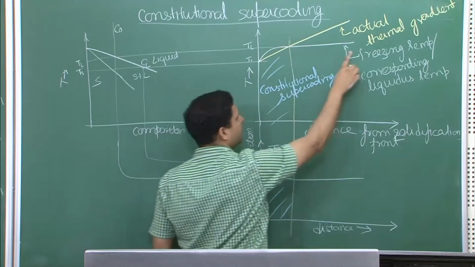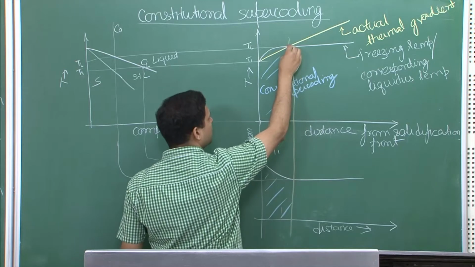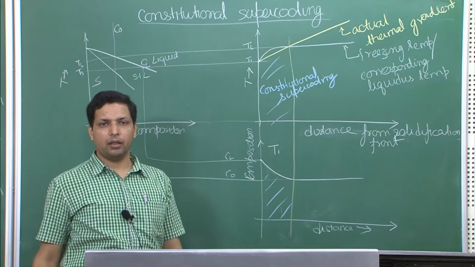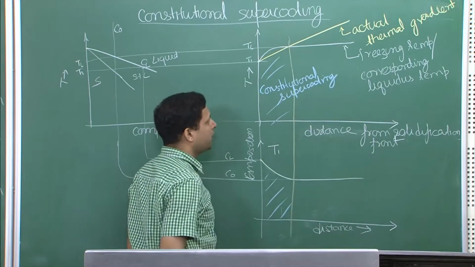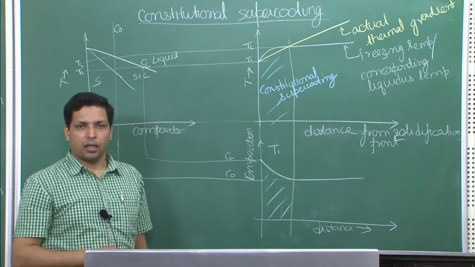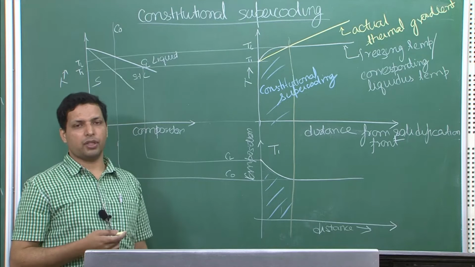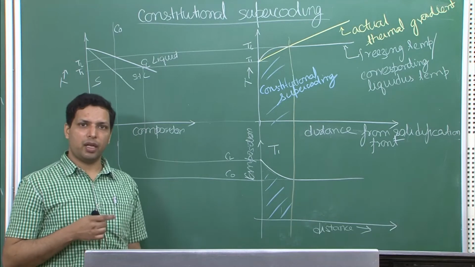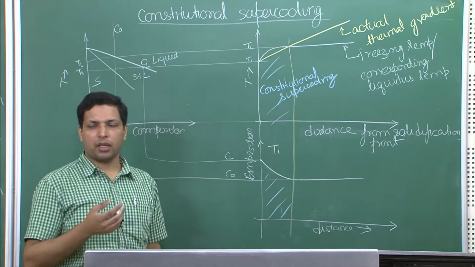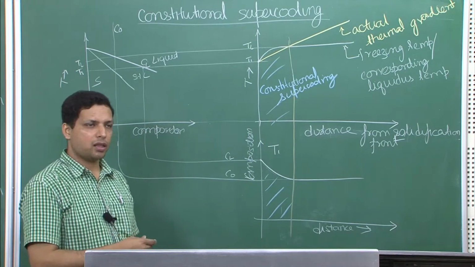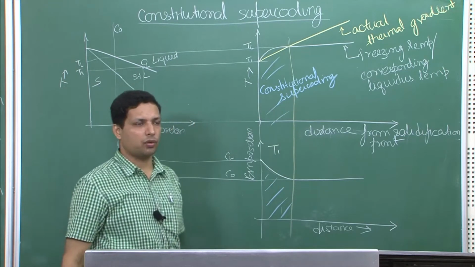And this is the theoretical freezing temperature, and when you compare the two, you see that up to a certain point it may happen, it need not always be the case, but it may happen that even with a positive thermal gradient a part of your liquid is below the freezing point or below the liquidus temperature. So thermodynamically it should be in the solid state, and this part, although the thermal gradient is positive, is still less than its freezing temperature, and is called constitutional supercooling.